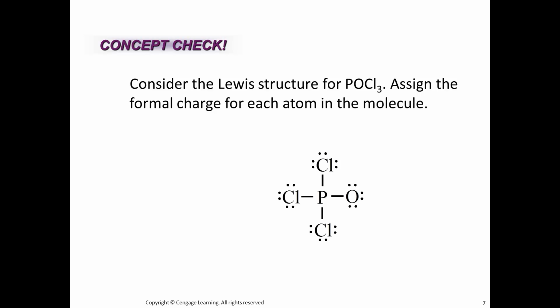So let's go ahead and calculate formal charges for each of the atoms in this phosphorus fluoroxide. First, if we look at phosphorus, it has 5 valence electrons.